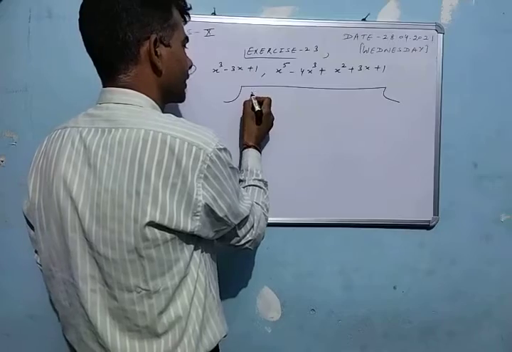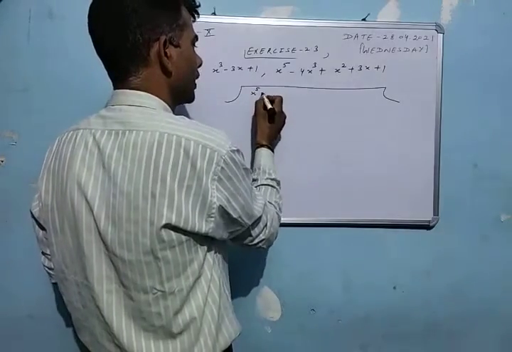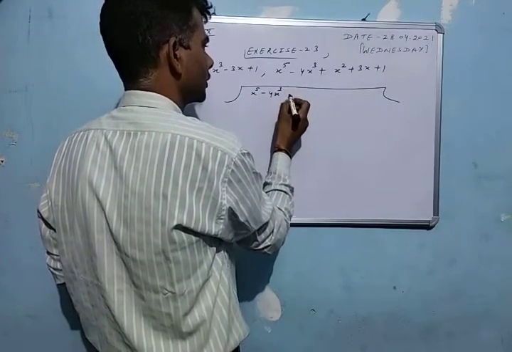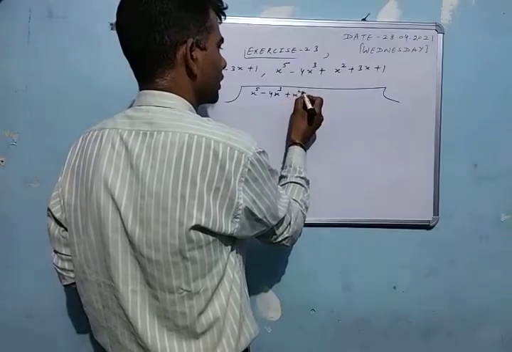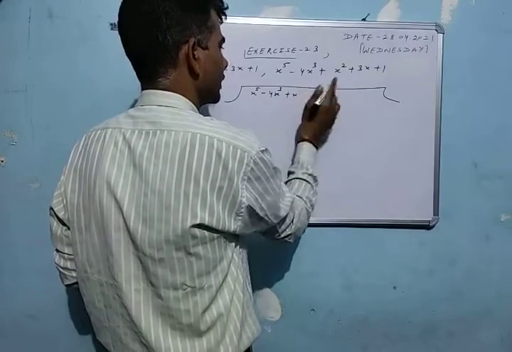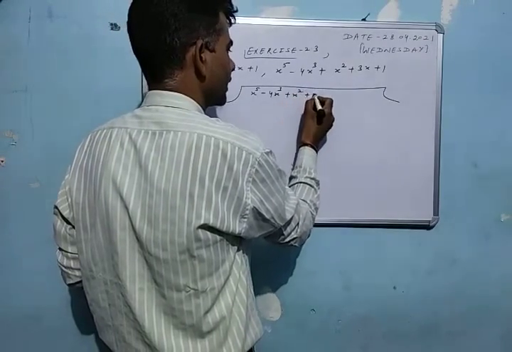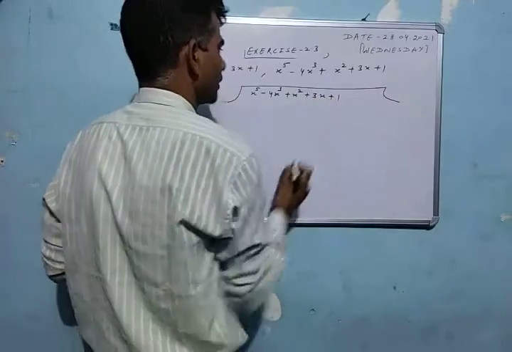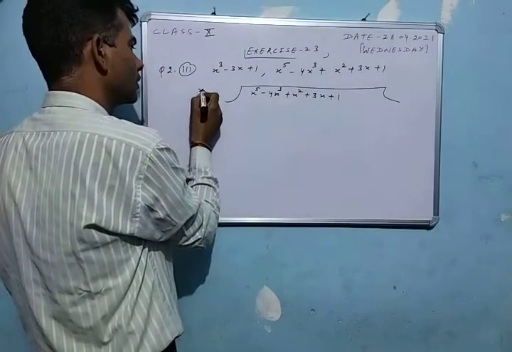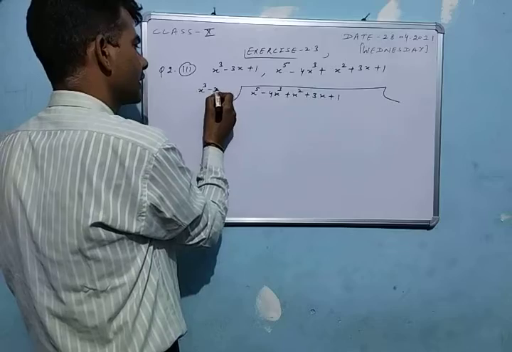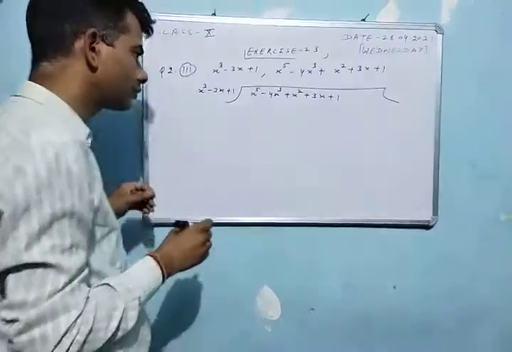That is x raised to power 5 minus 4x cube plus x square plus 3x plus 1. Now student, x cube minus 3x plus 1. Now students, x raised to power 5.